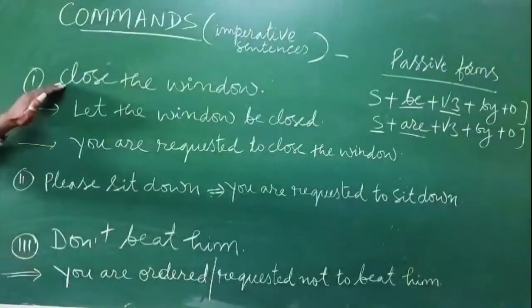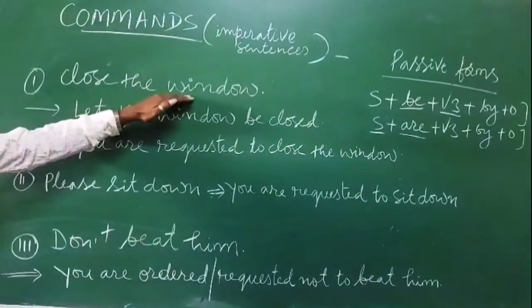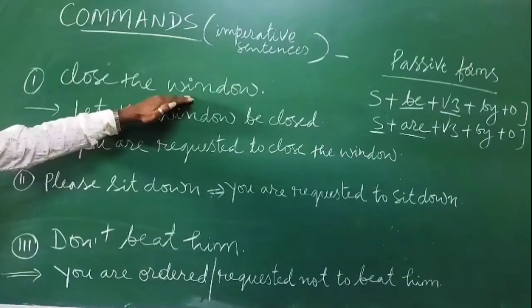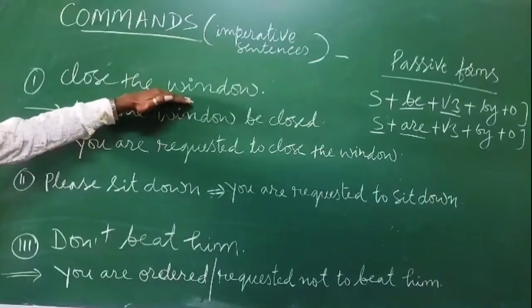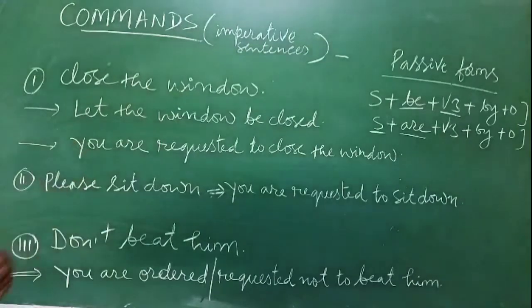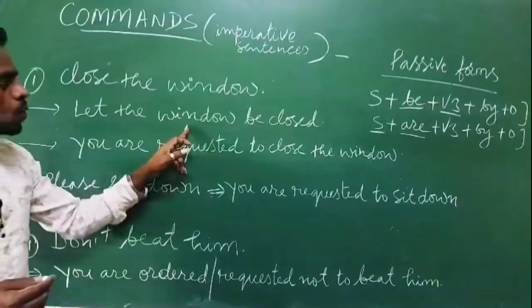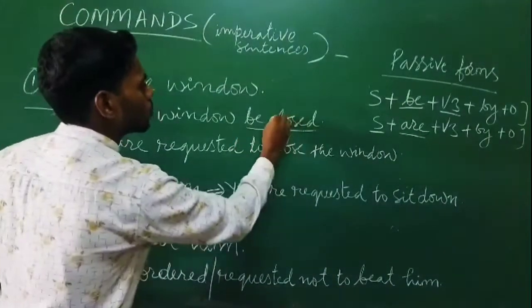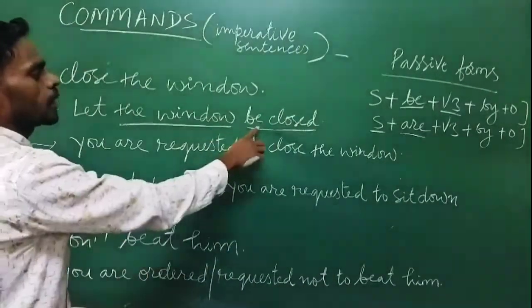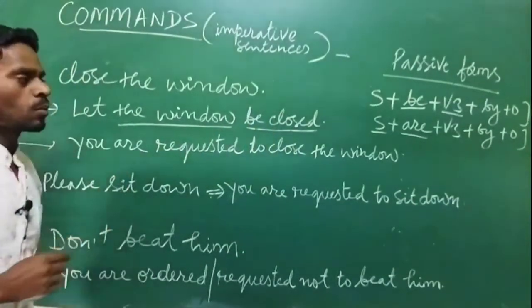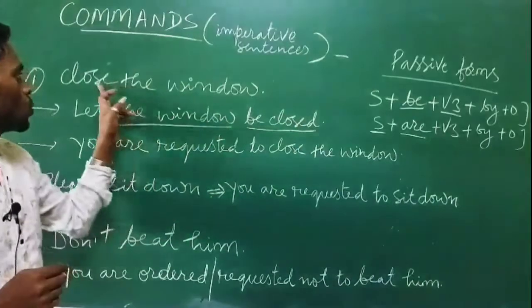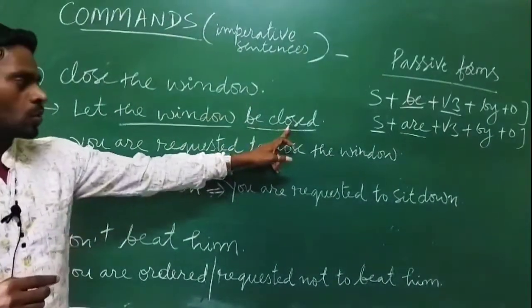Now let's see it in sentences. The first sentence we have is, close the window. This is an imperative sentence, a command. This can be changed in two ways. First you can change it as, let the window be closed. So subject, then be, and the third form of the verb close, here closed.